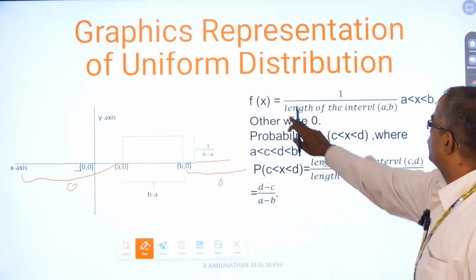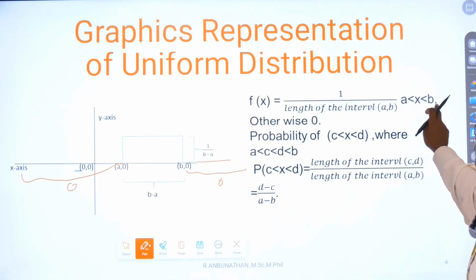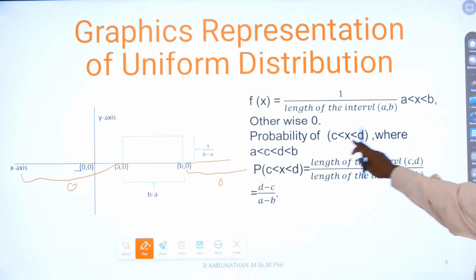That is, f of x equals 1 by the length of the interval for a less than x less than b, otherwise 0.